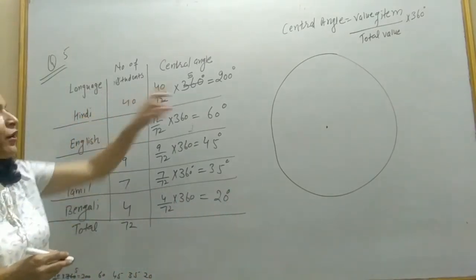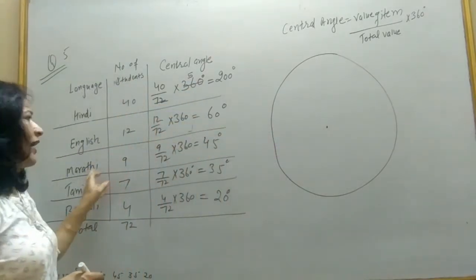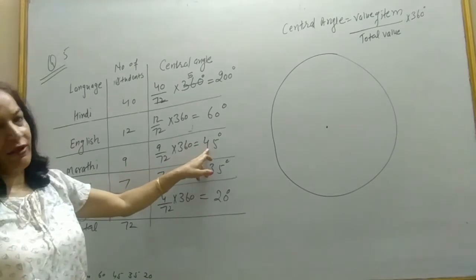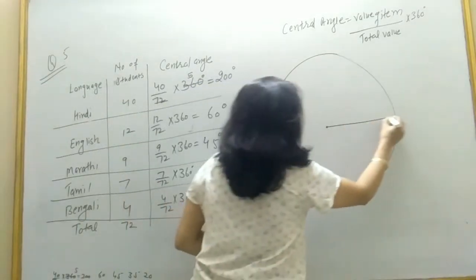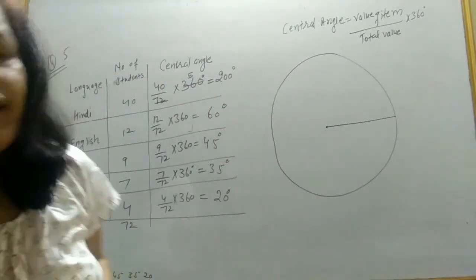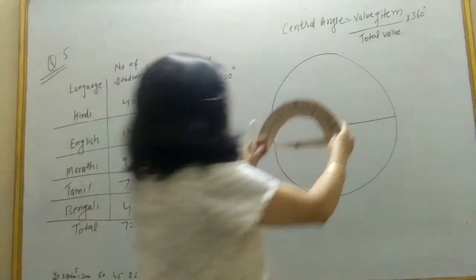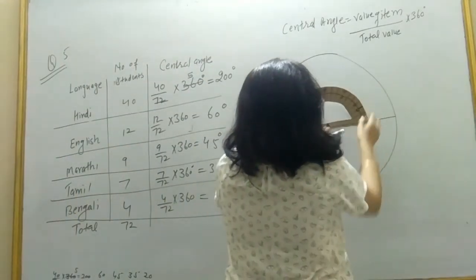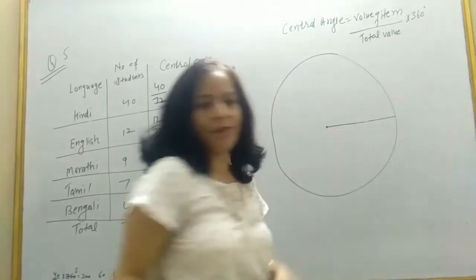Hindi speaking will take a 200 degree angle here, and Marathi speaking will take 45 degrees. So how will we draw it? Again draw a radius. Then I start from the minimum, 20 degrees. Draw a 20 degree angle here.